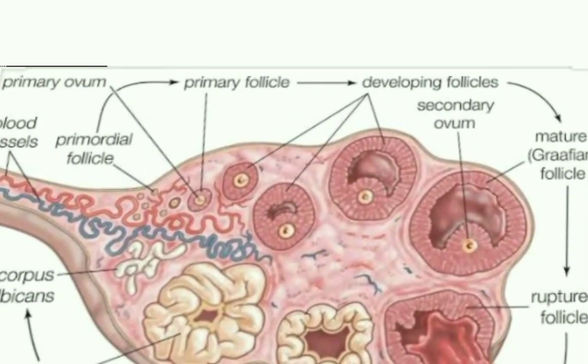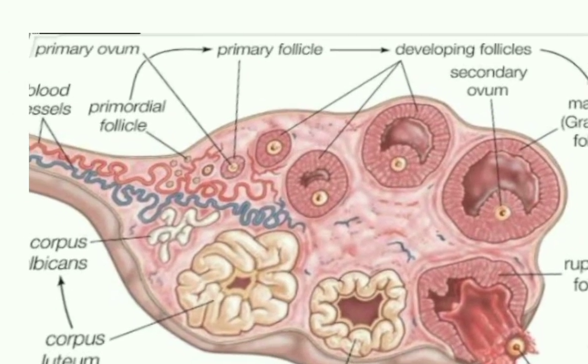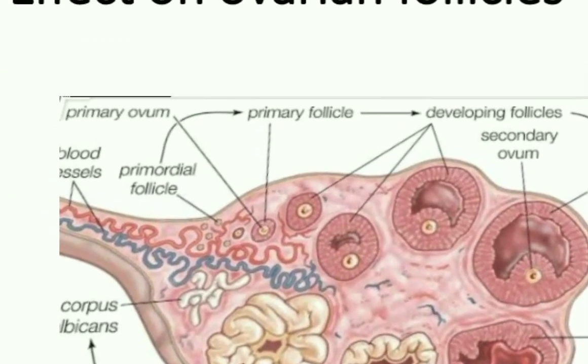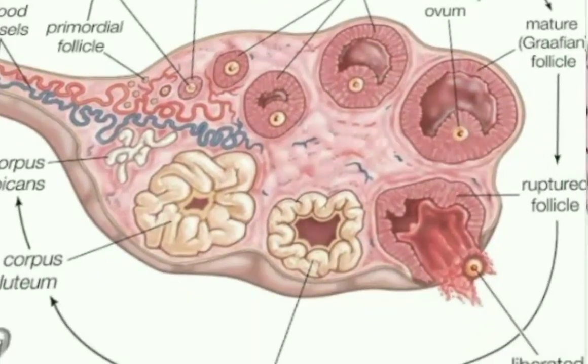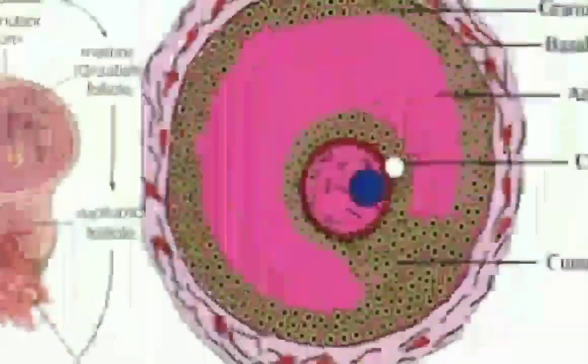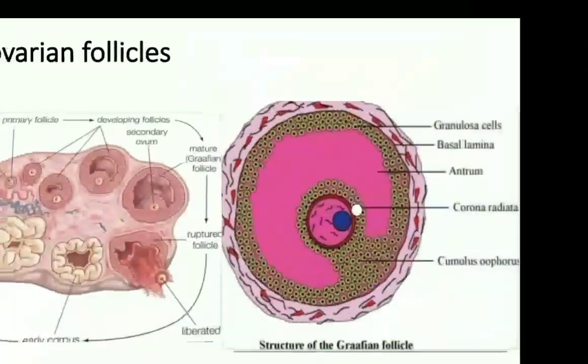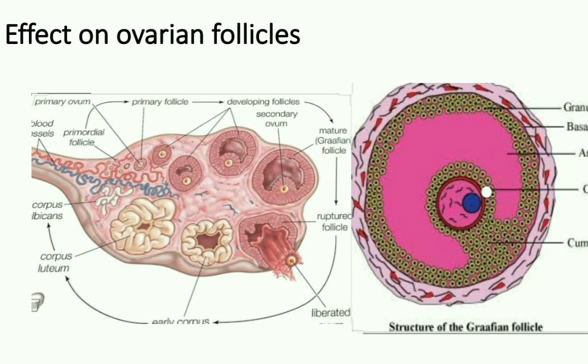Under the effect of estrogen, the follicle grows from the primordial follicle to the primary follicle and ultimately to the mature graafian follicle. See, it is the mature graafian follicle with the corona radiata here. It is the granulosa cells and it is the cumulus oophorus.